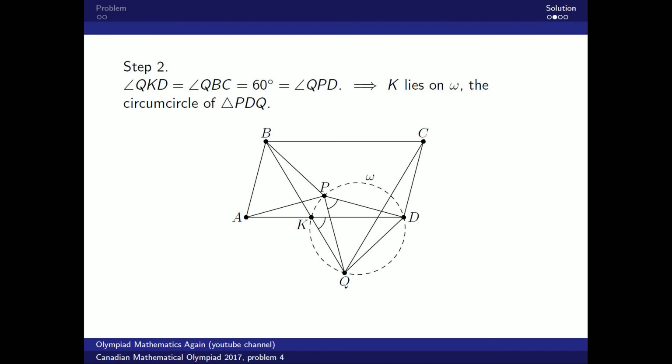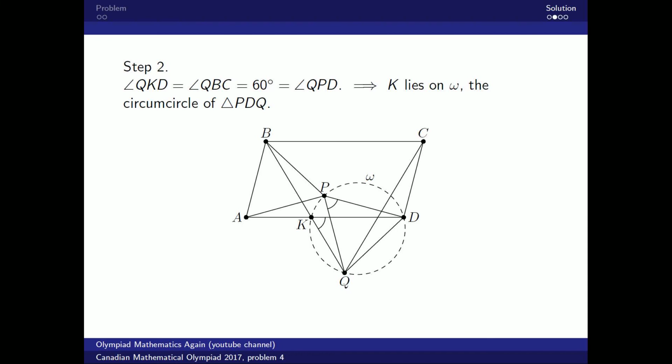Or, to state the same thing in another manner, if you consider the circumcircle omega of the triangle PDQ, then the point K lies on this circle omega.